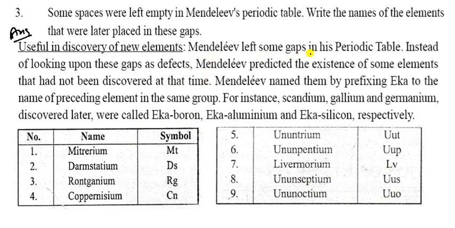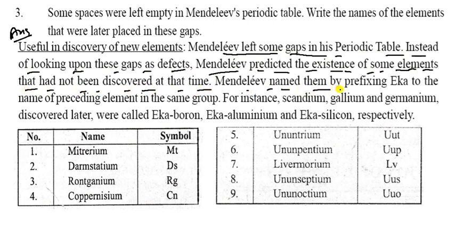So Mendeleev left some gaps in the periodic table. Instead of looking upon these gaps as defects, Mendeleev predicted the existence of some elements that had not been discovered at the time. Mendeleev named them by prefixing "eka" to the name of the preceding element in the same group.